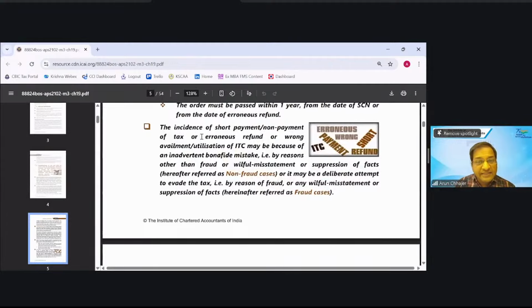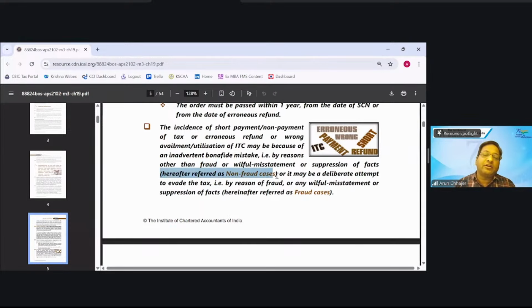The incidence of the short payment or non-payment of tax, or erroneous refund, or wrong availment or utilization of ITC may be because of inadvertent bona fide mistake, that is, by reason other than fraud, willful misstatement or suppression of the fact.